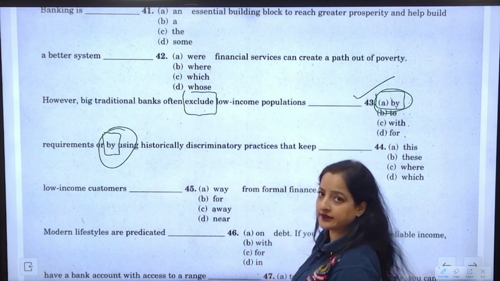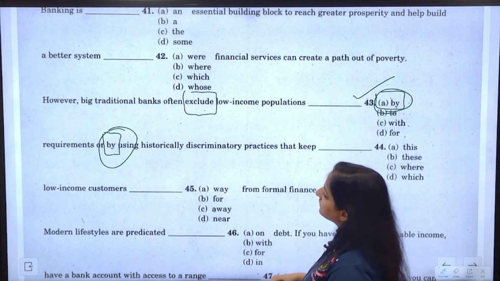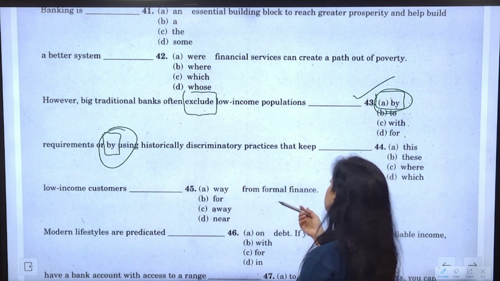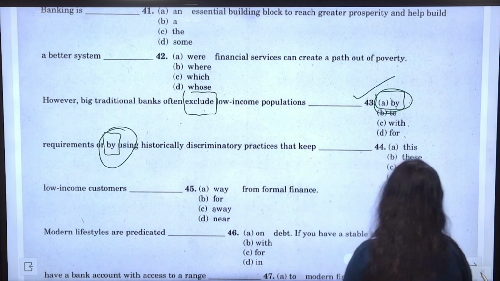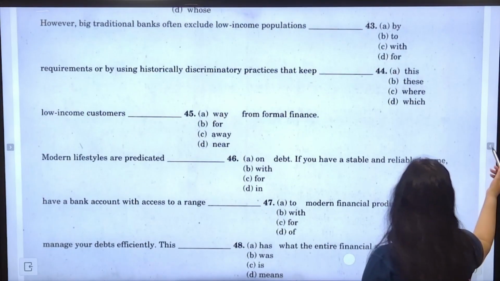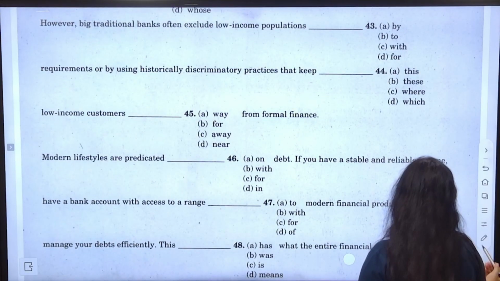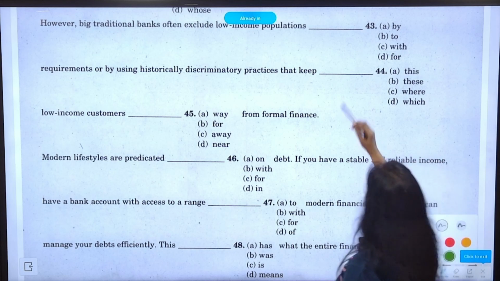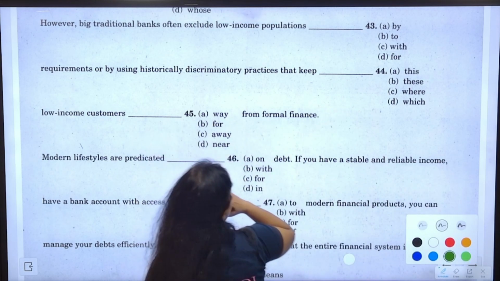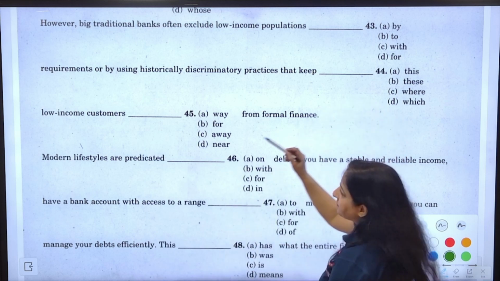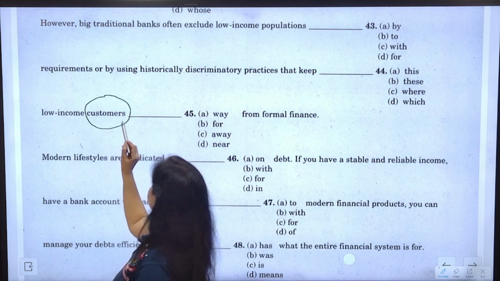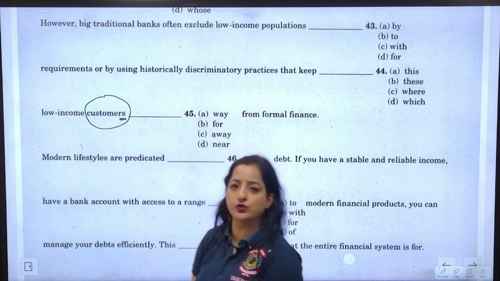Exclude is followed by "by". So, exclude by requirements or by using historically discriminatory practices that keep dash low income customers. Now the line is talking about customers. Singular or plural?